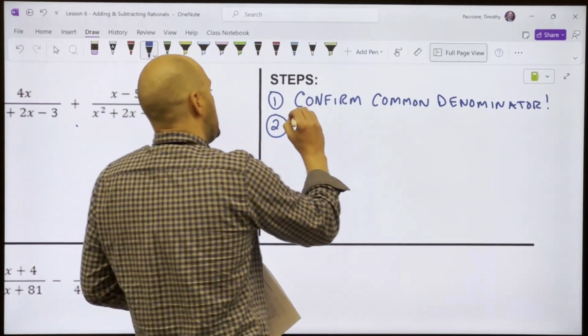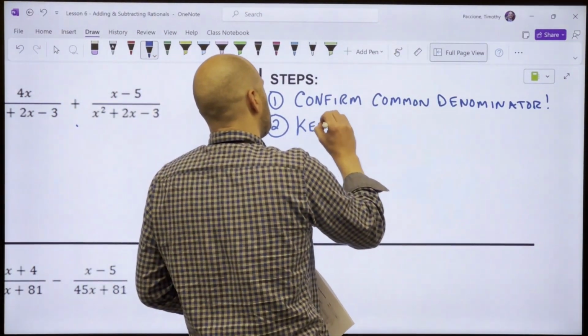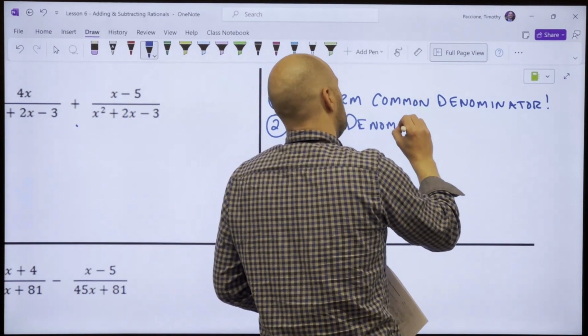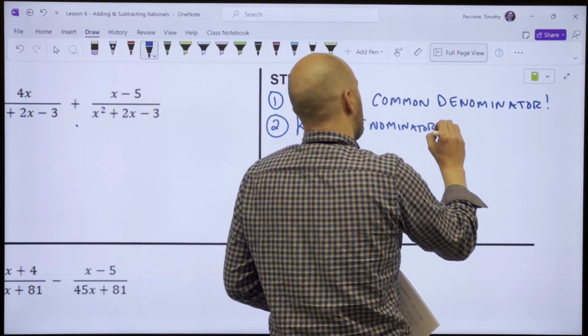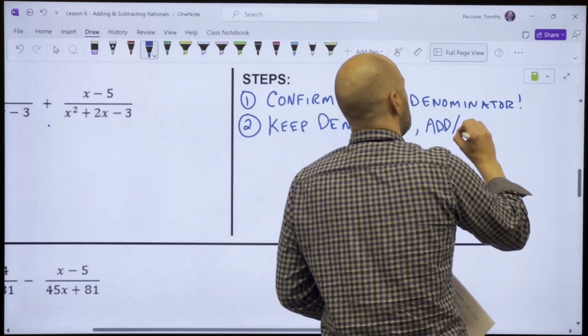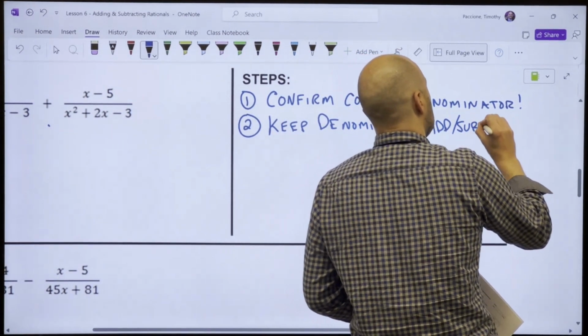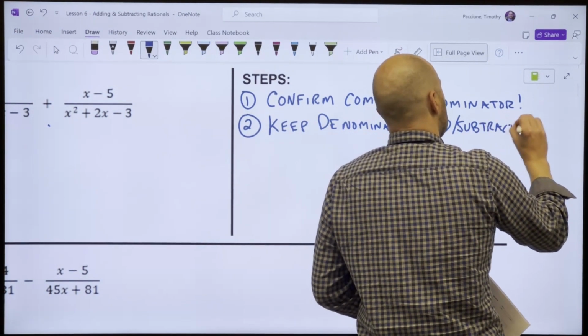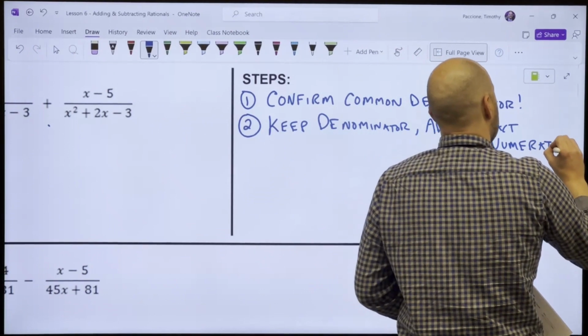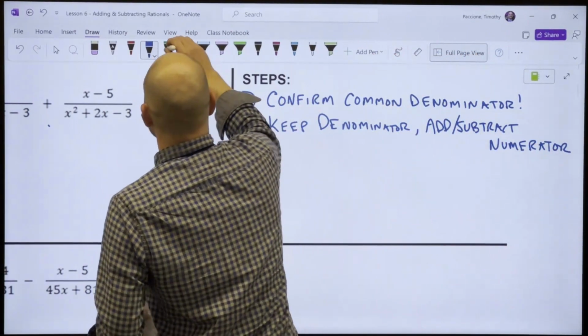I keep the denominator, and I add or subtract, depending on what it says to do, the numerator.